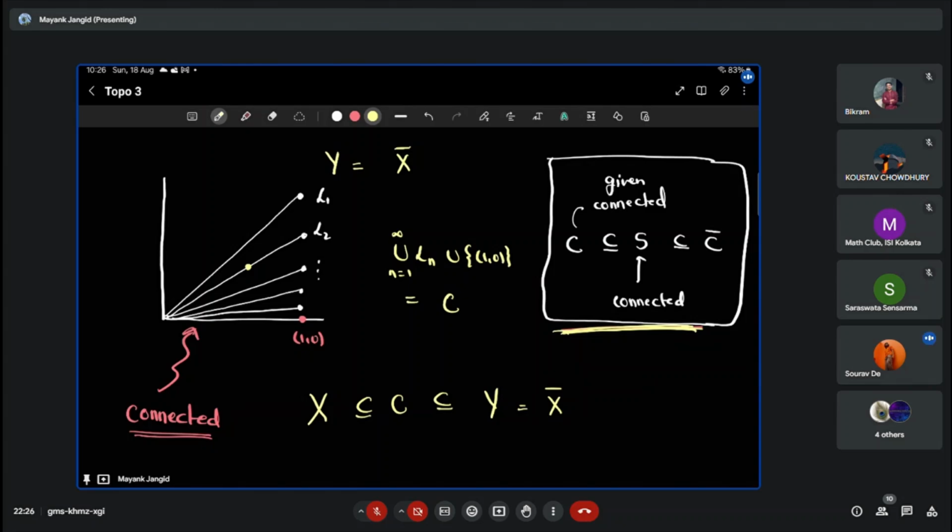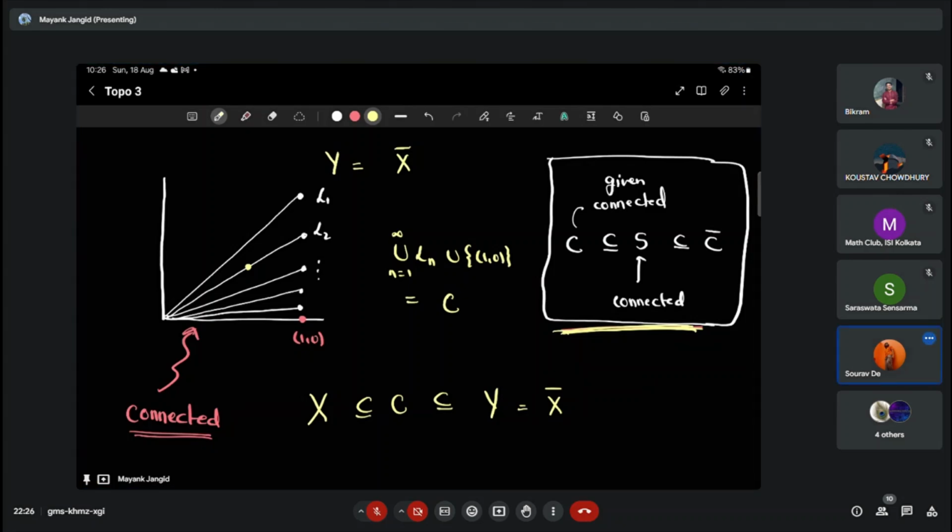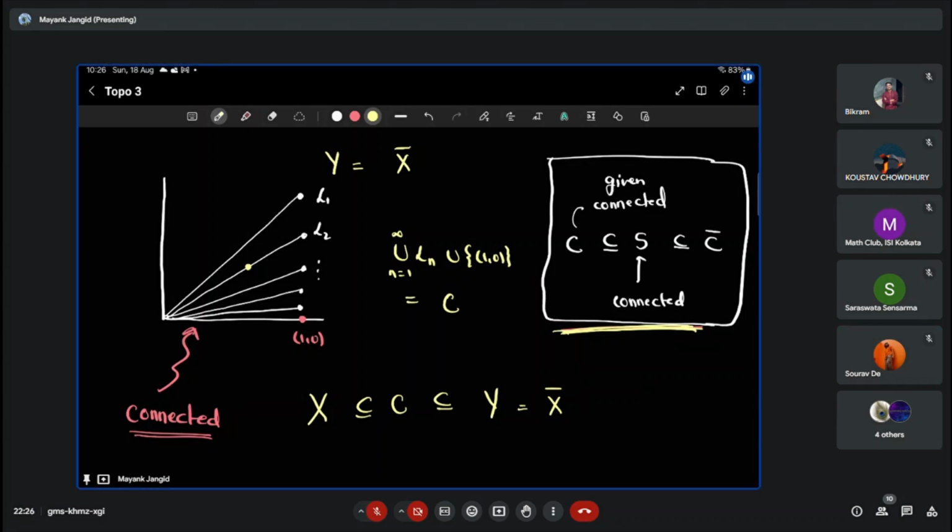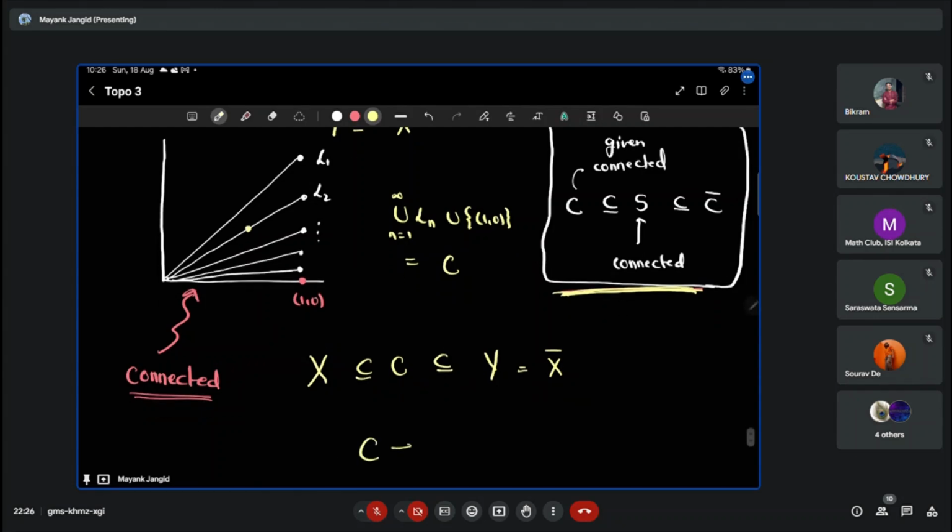So it can be shown that this is not path connected.